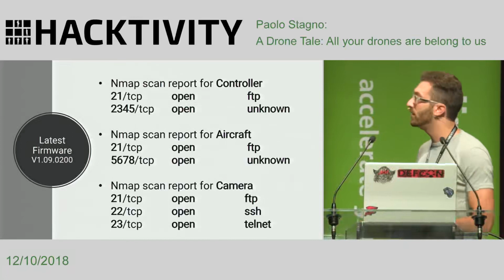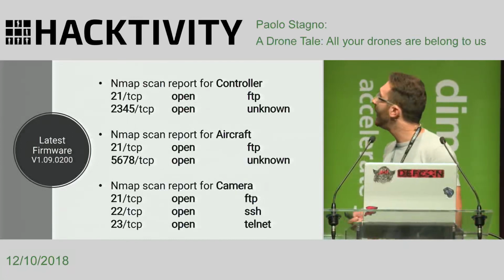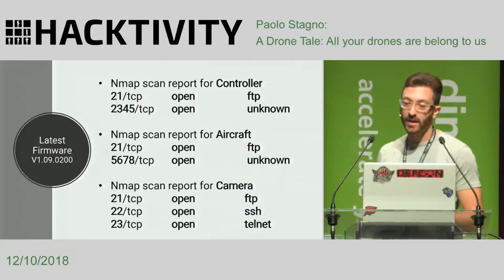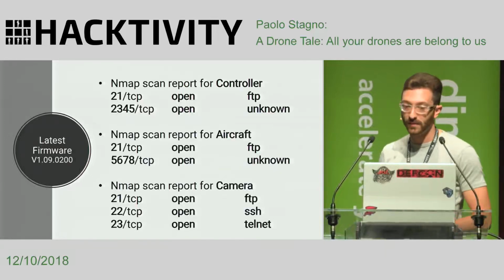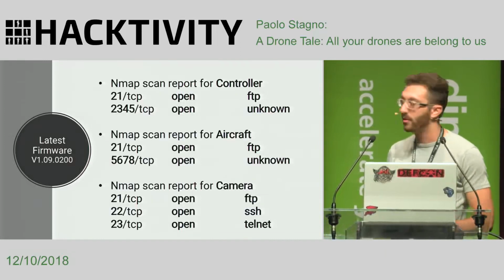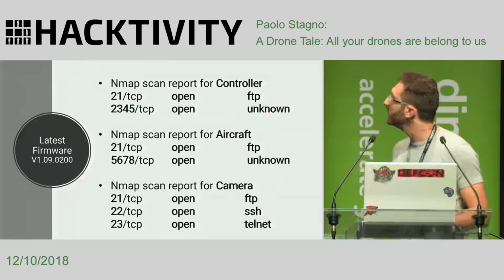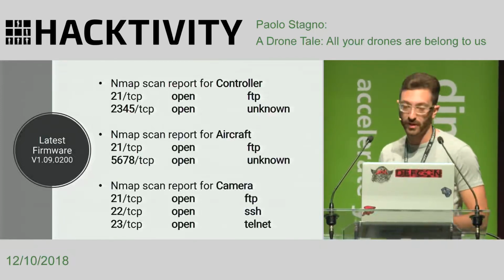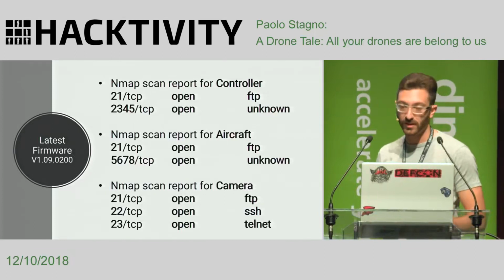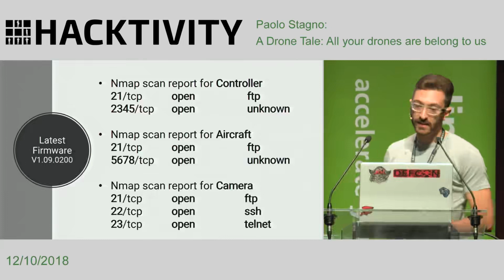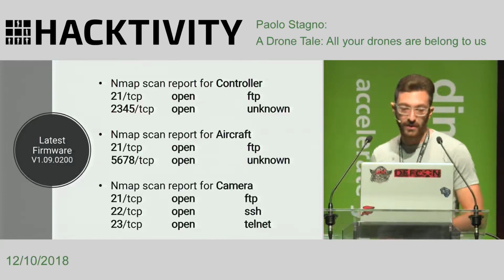While this is the last version of the firmware, and this is the Nmap scan of the network. So they filtered out a lot of unnecessary services, and they only left the core ones. Specifically, they left FTP, because it's also used for uploading the new firmware on the drone and retrieving the flight logs, and the port used by the application.